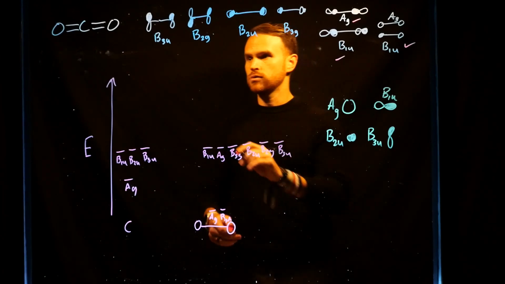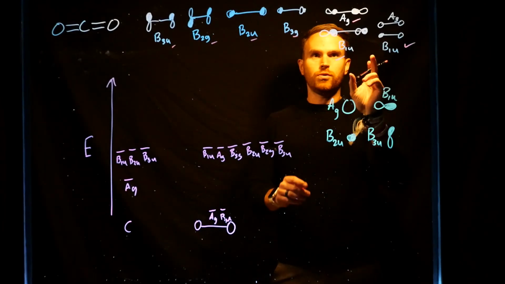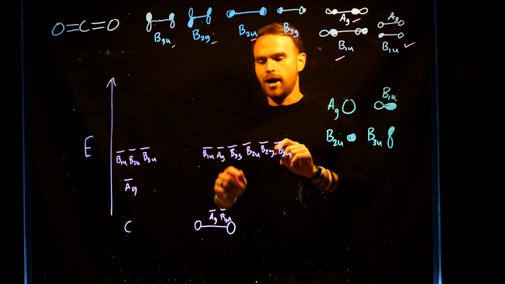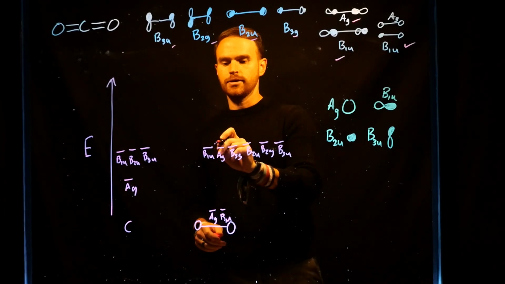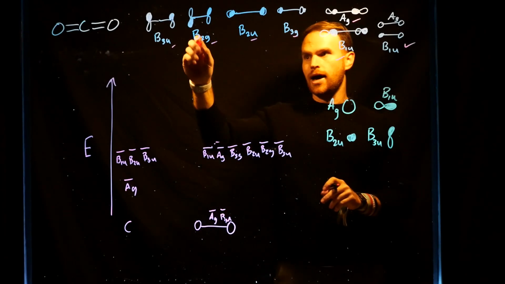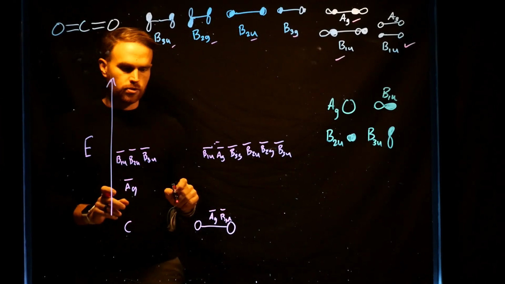And basically all of those can be thought of as being very similar in energy. In fact, the B1U is going to be a little bit higher. So in reality, it may be just right here when looking at the overlap and the orientation of the axis. Same for the B2G. But for our purposes, not super important.